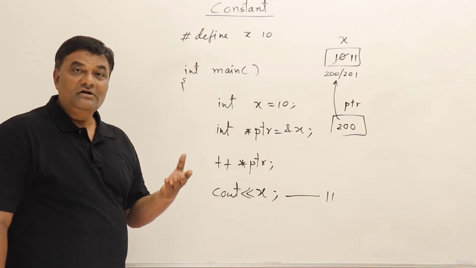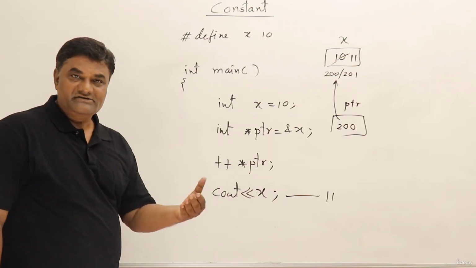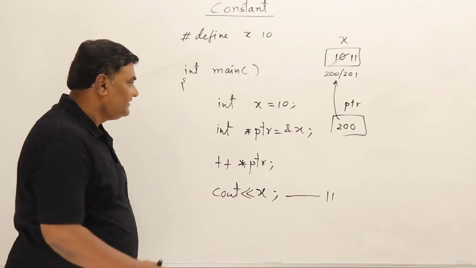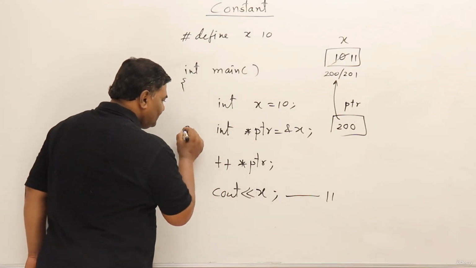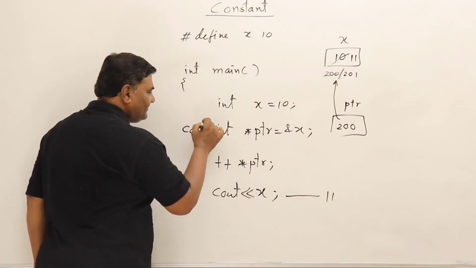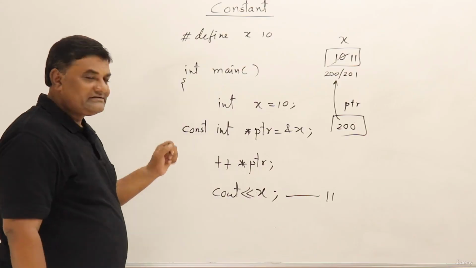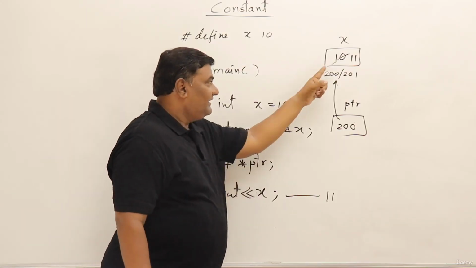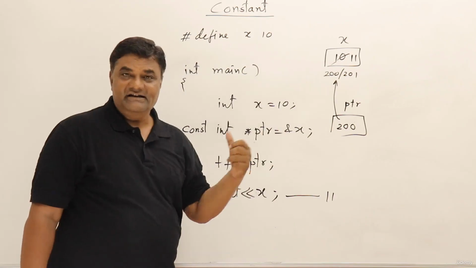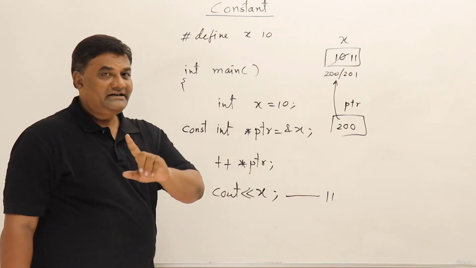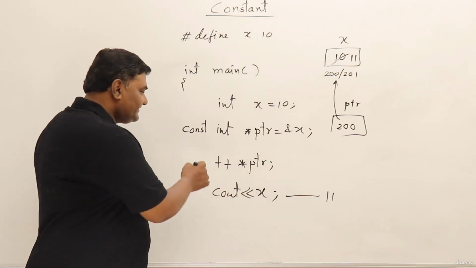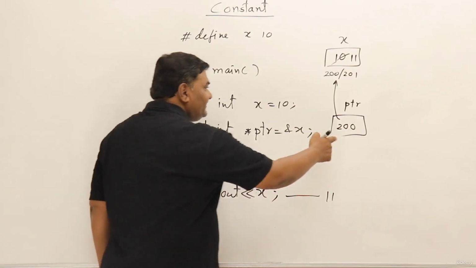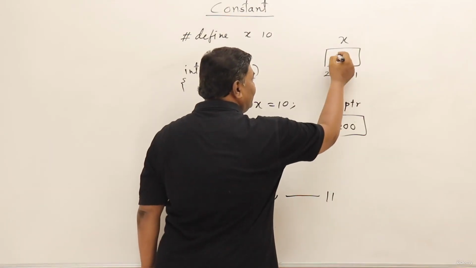Now let us understand constant. Pointer to a constant integer. If I say this, then this pointer can point on x and it can access x, read x, but it cannot modify x. So this is not allowed. Using this pointer, it cannot modify the data.